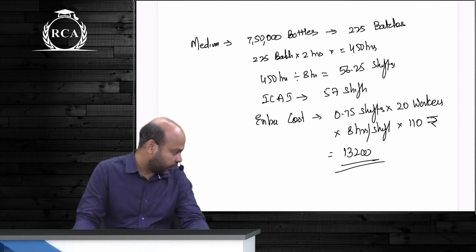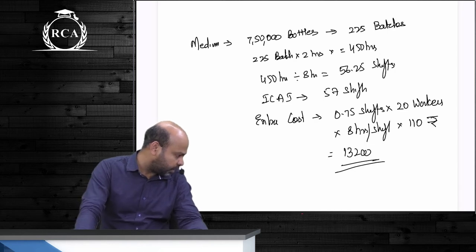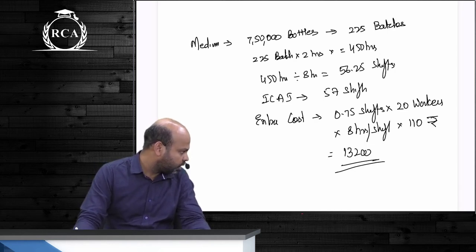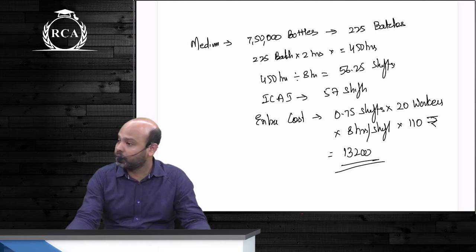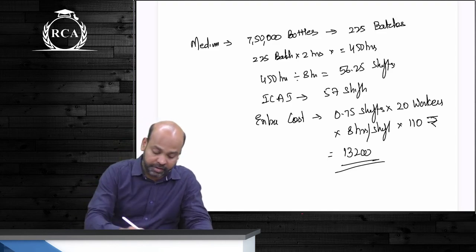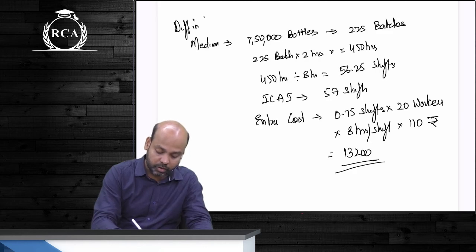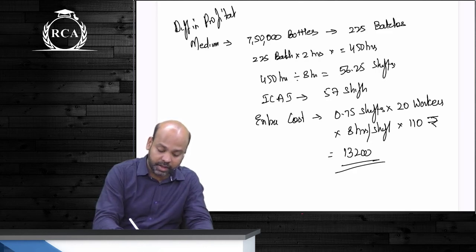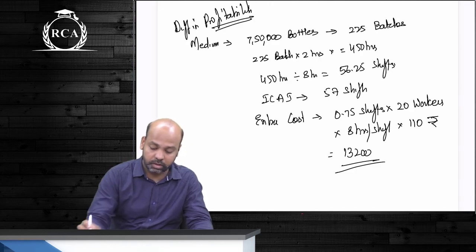This is the difference in profitability as per the ICAI answer, guys, and the answer that I just presented. I hope it is clear. If you want to copy the difference in profitability, you can copy, but as to why we are getting a different answer there and why the answer is different here.